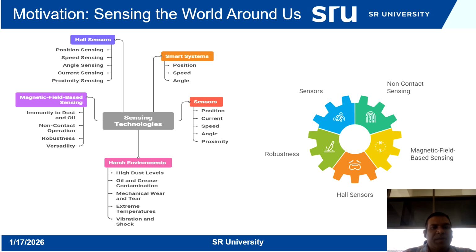So sensors basically translate physical phenomena into electrical signals that can be processed by the system's control unit. These physical quantities can encompass a wide range of parameters, including position, which determines the location of an object in space, then current, measuring the flow of electrical charge, then speed, assessing the rate of change of object position, after that angle, which determines the orientation of the object, and proximity, which detects the presence of an object within a certain range.